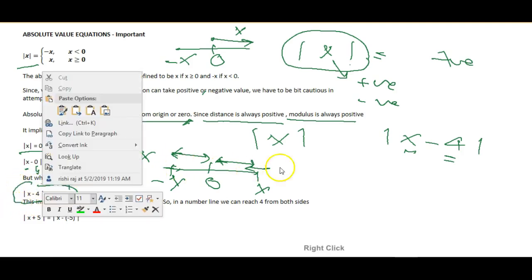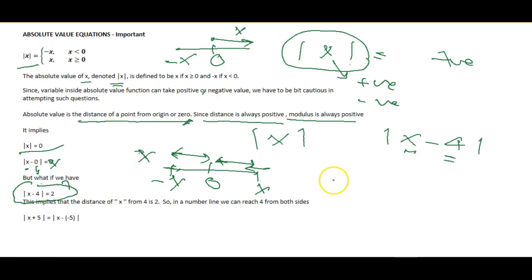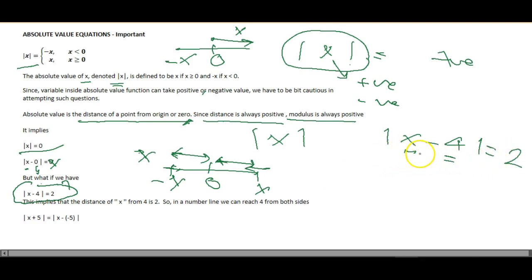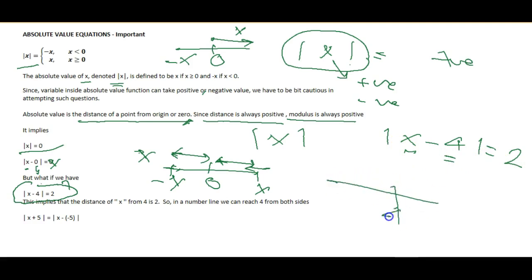In this example, mod of x minus 4 is equal to 2. It implies that if I draw a number line with 4, any point x having a distance of 2 from 4 is defined by this equation.